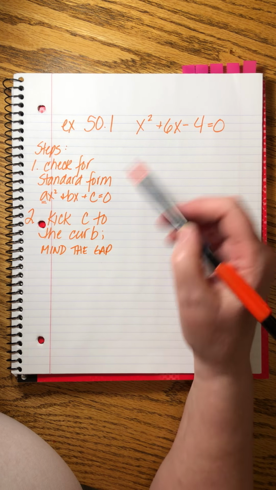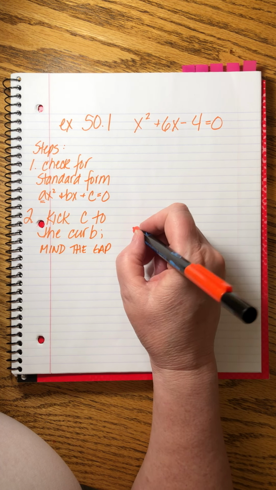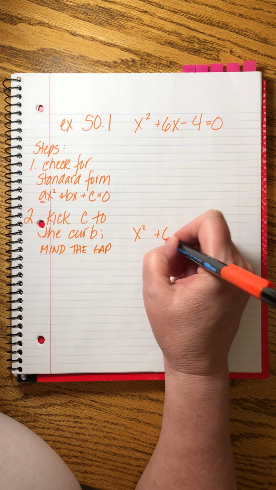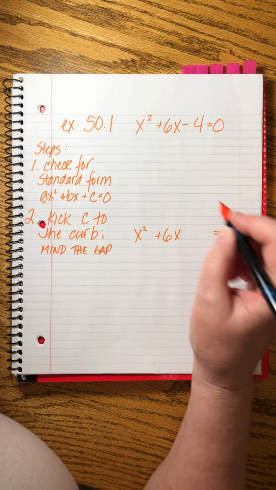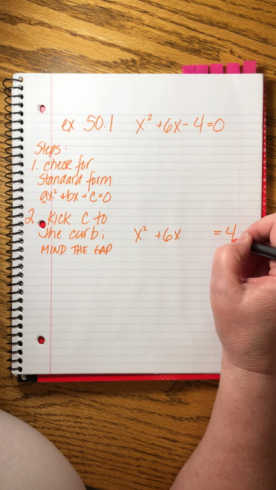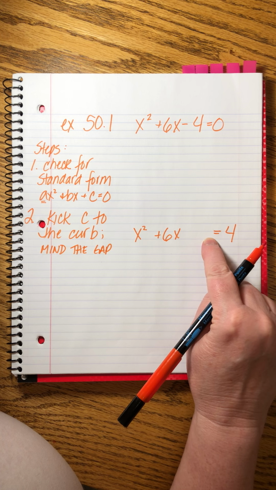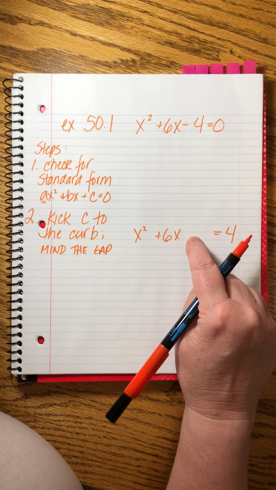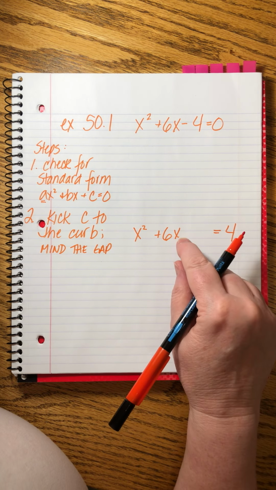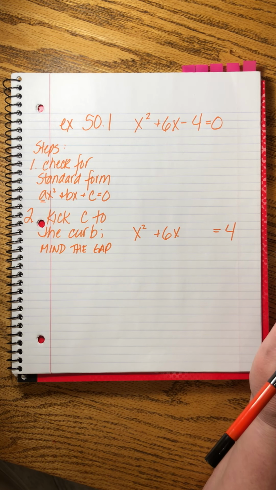We're going to take this C term, the one at the end, and we're going to move it over. x squared plus 6x. Now, when we move it to the other side, it changes sign as it changes side, so it becomes positive 4. And this is what I mean by mind the gap. I want to leave a space there where the 4 used to be, or negative 4. I want to leave that space there because that's an important reminder for the next step, all right?